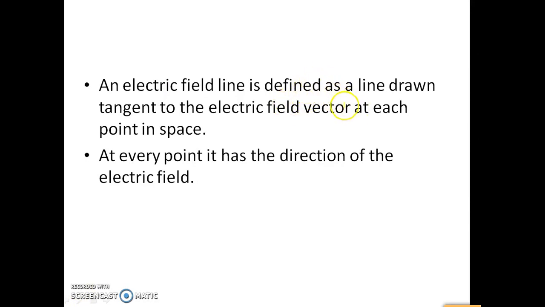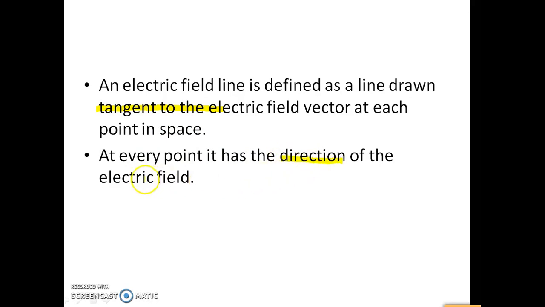To conclude, we can say that an electric field line is a line which is drawn tangent to the electric field vector at each point in space, and at every point it has the direction of the electric field.